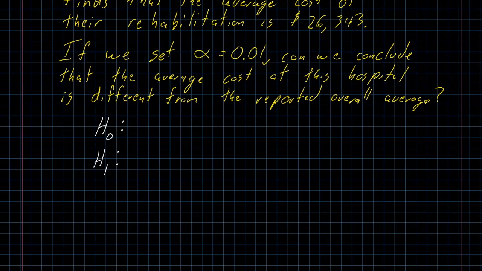The null hypothesis, we're talking about the mean of our population, and we want to be able to conclude that this is the same as that average that was reported, 24,672. The alternative hypothesis then is that the average cost here is not 24,672.